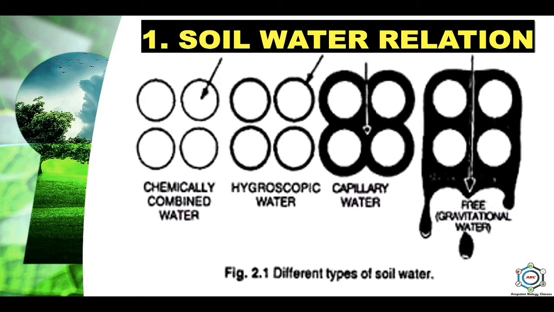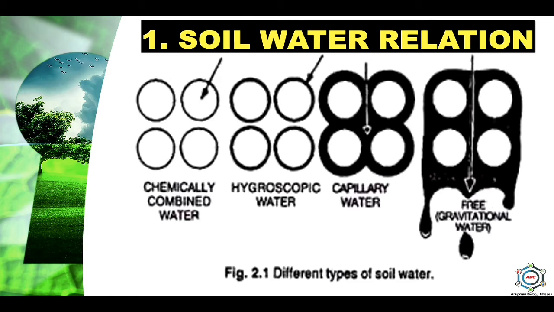The major part of the rainwater flows on the surface of the soil, called runaway water. Plants fail to avail this water. And the last is chemically combined water. Some of the water molecules are chemically combined with the soil minerals like silicon, iron, aluminium, etc. And this water is not available to the plants.